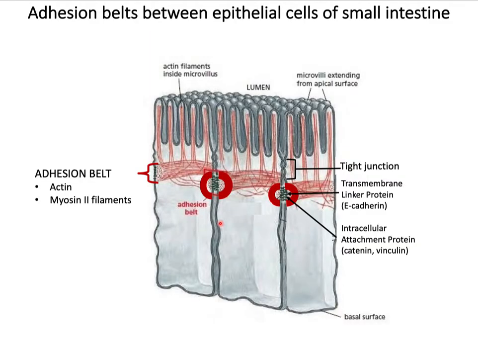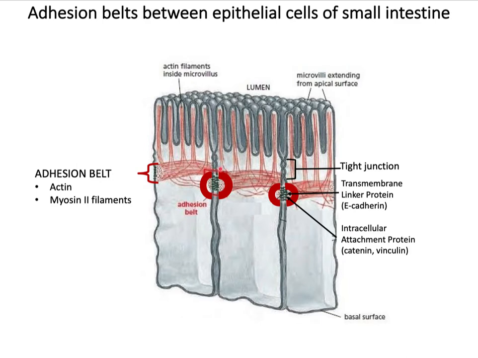As I mentioned, the adherens junctions are part of these larger structures known as adhesion belts. Adhesion belts are very wide bands of actin and myosin 2 filaments, and they form a very thick belt just below the tight junctions in the epithelial cell layer.